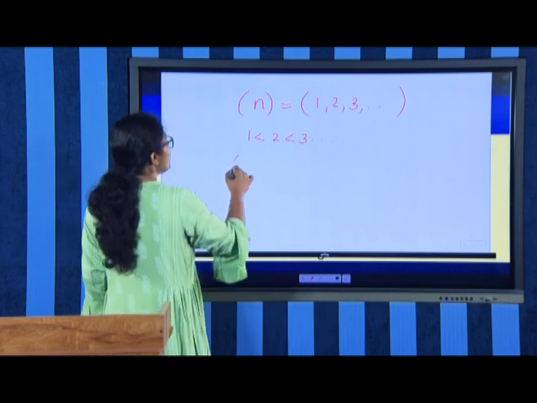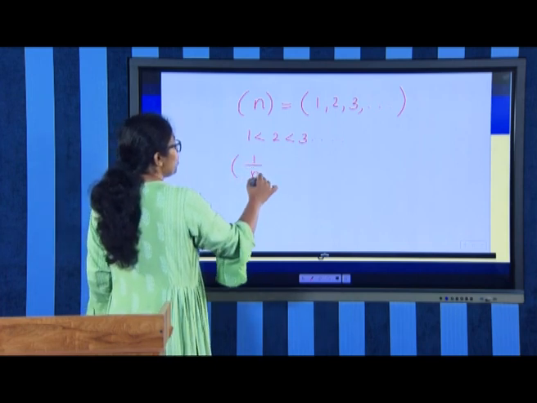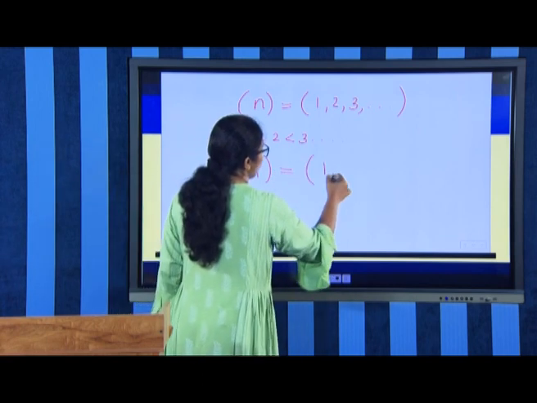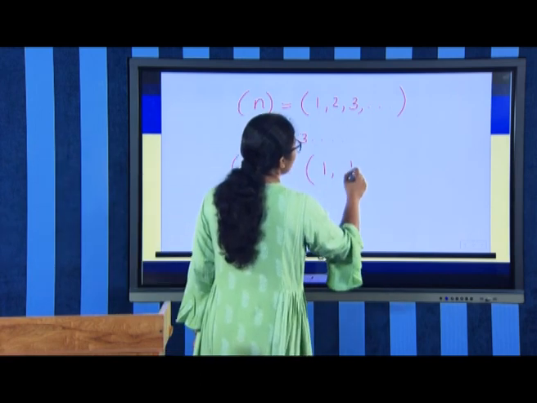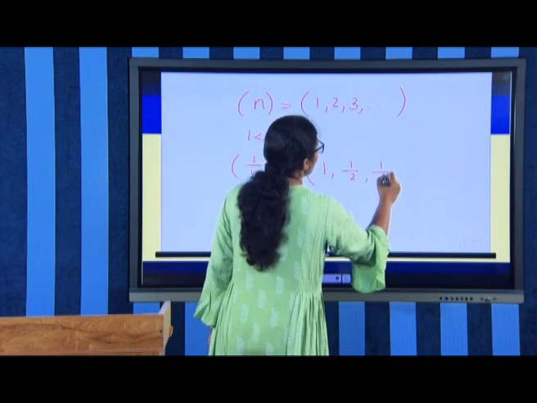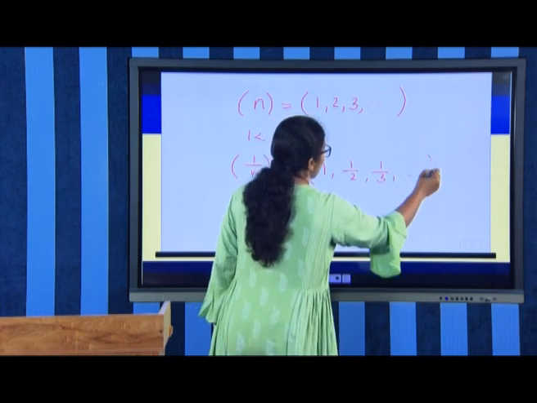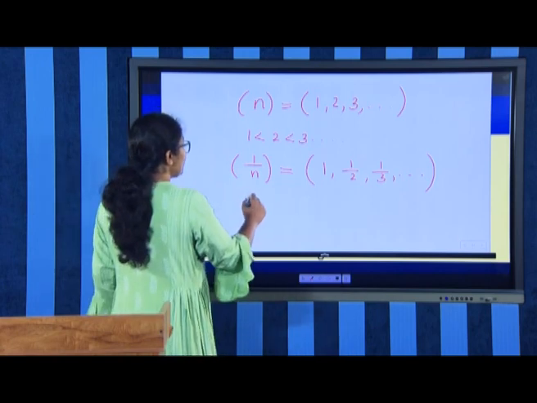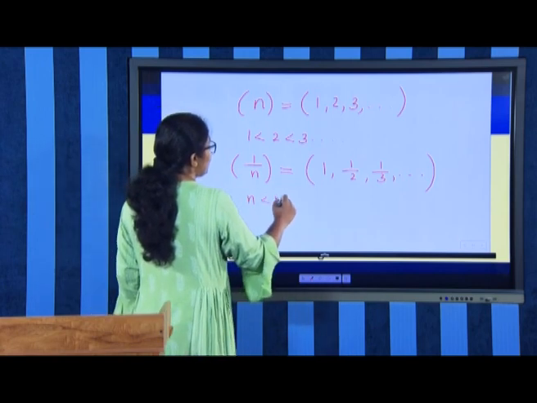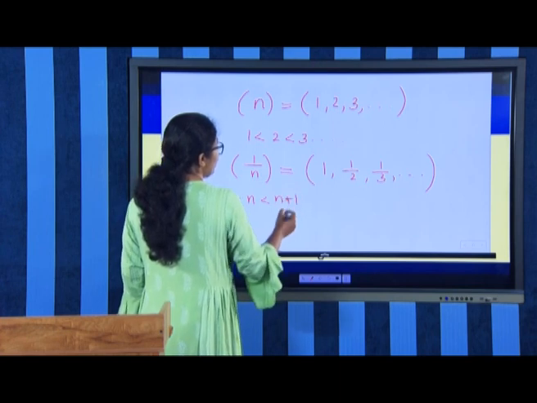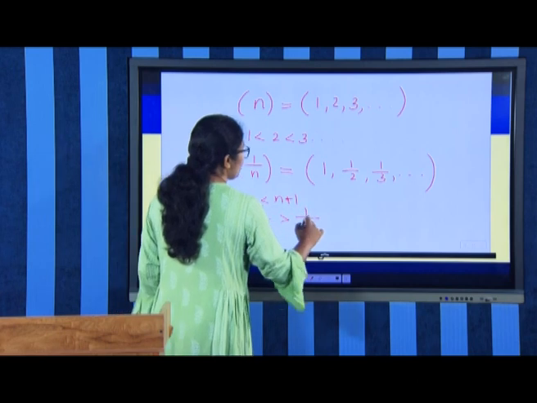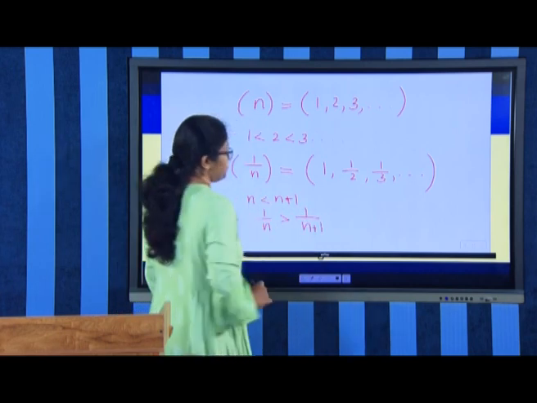Whereas, if we consider the sequence 1 by n, on the other hand, the first element is 1, then we have 1 by 2, then 1 by 3 and so on. As n is less than n plus 1, the reciprocal 1 by n is larger than 1 by n plus 1.